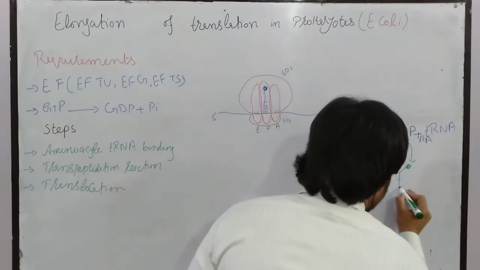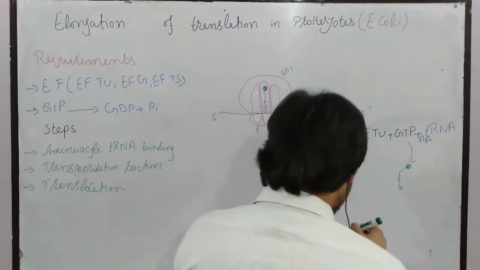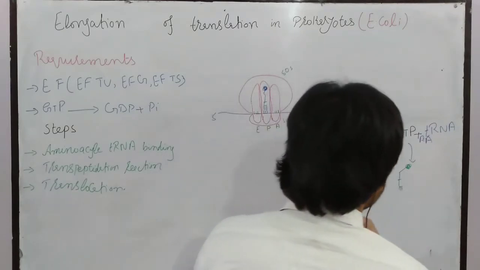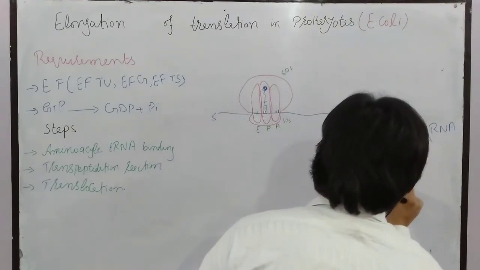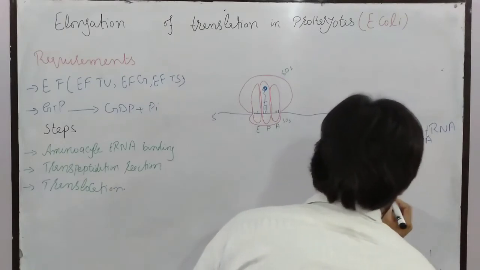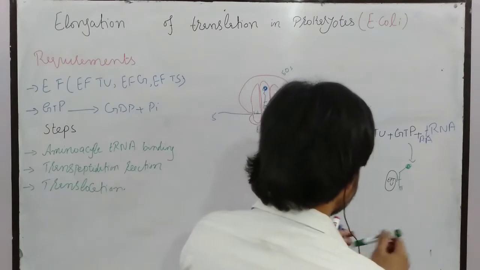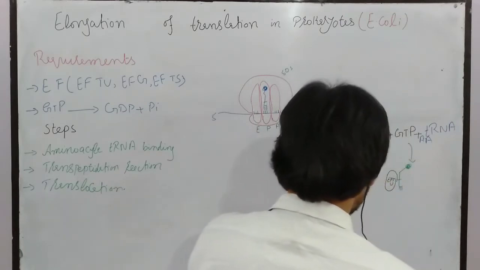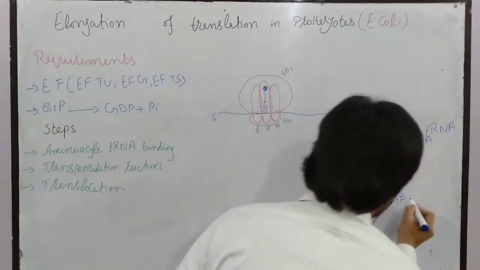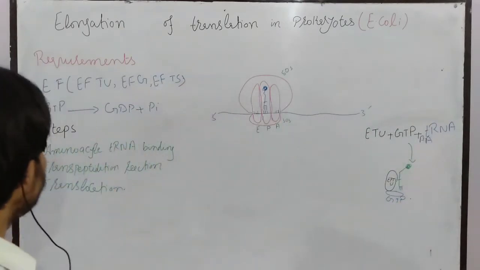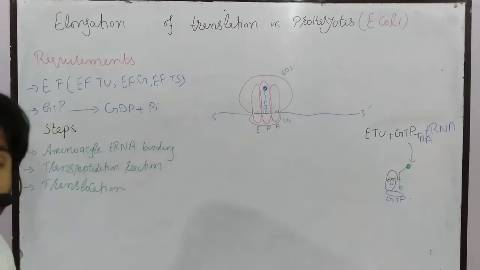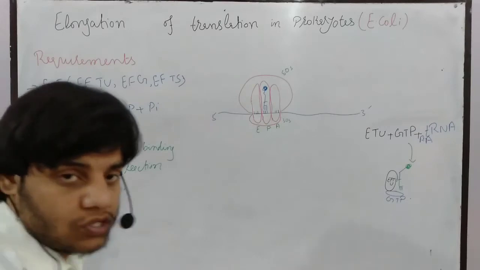Now it also has the anticodon, and this second transfer RNA having the amino acid, the second aminoacyl transfer RNA, has this elongation factor Tu, and moreover it also has this GTP. One thing that I forgot: remember that EF-Tu and EF-G are actually GTPase proteins.